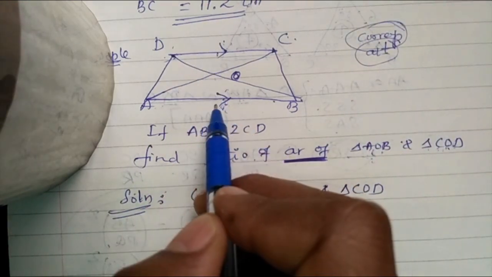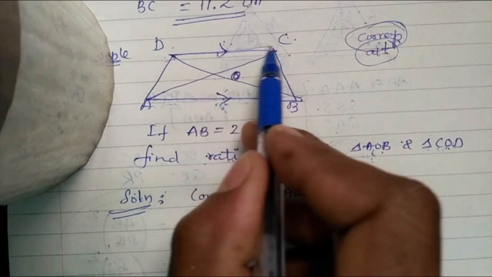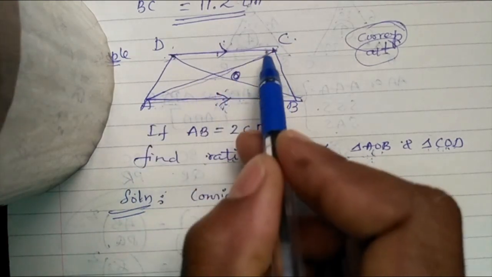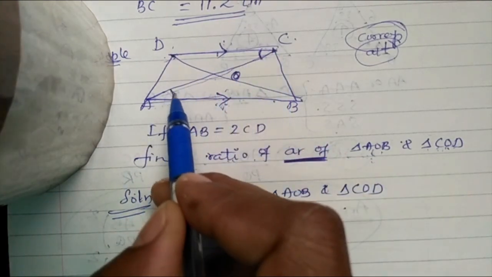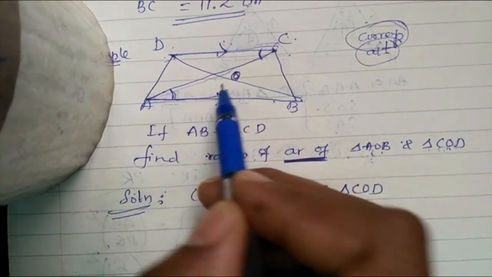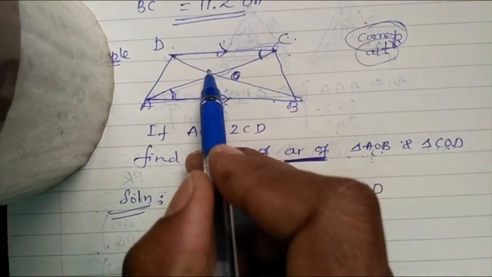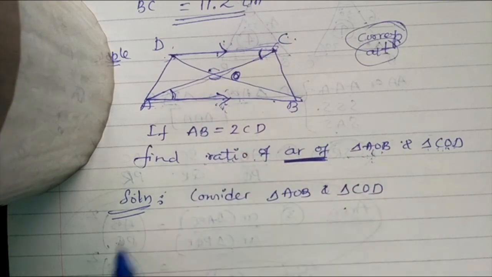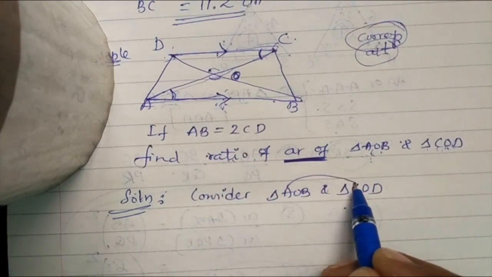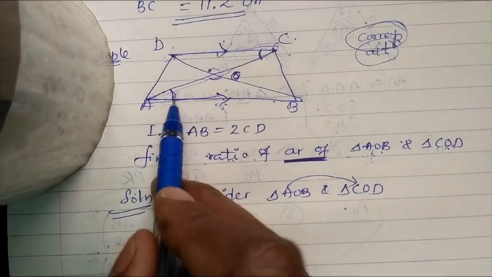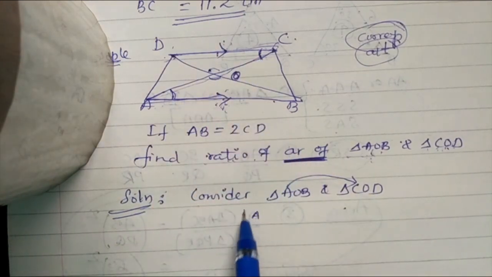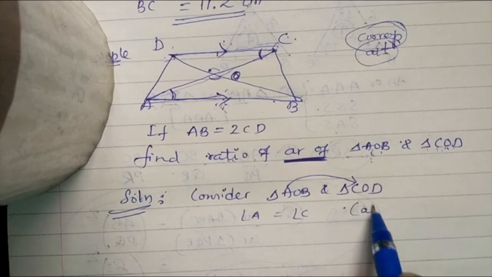So DC and AB are parallel, given. When we go in the shape of Z like this, the C angle will be equal to the A angle. Alternate angles, look here. Angle A equal to angle C. The reason is angle A equal to angle C, alternate angles.